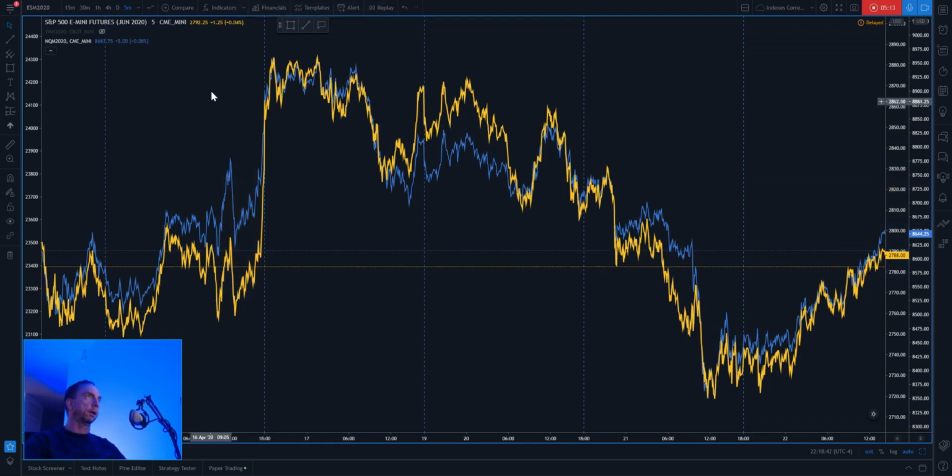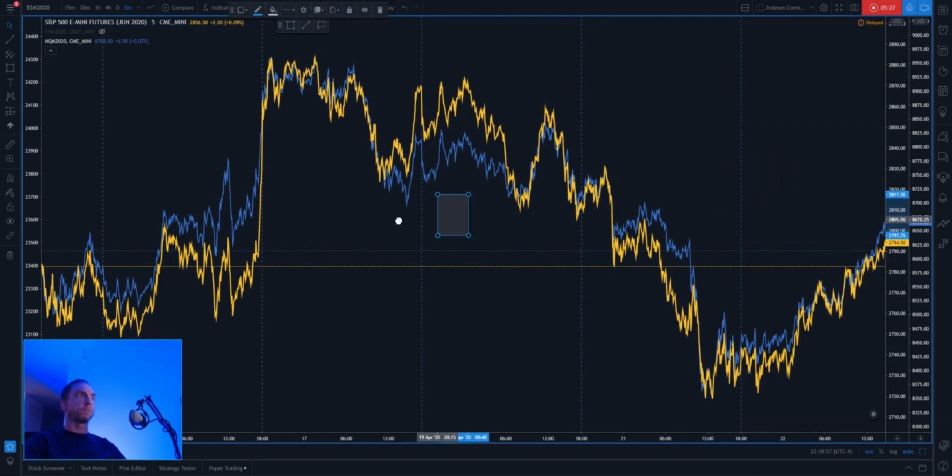I kind of look for a 20-point move, just roughly. It doesn't have to be exact. That right there meets the criteria, so I start looking to get in. I might go in with one contract, sell the NASDAQ, and buy the ES.